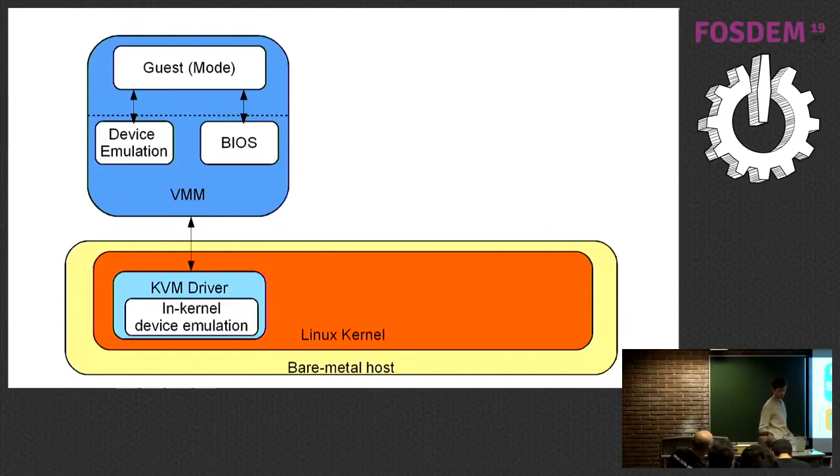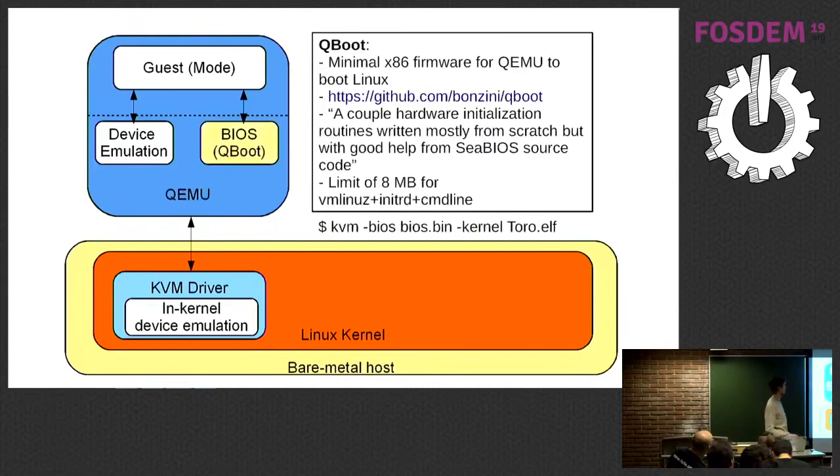So the first approach I want to talk about is QBoot, which is also based on QEMU. The idea is that it proposes a firmware which is much more optimized. There is not a lot of information about exactly how the optimization works, but one of the drawbacks that they present is, for example, that they limit the size of the kernel that you can load.